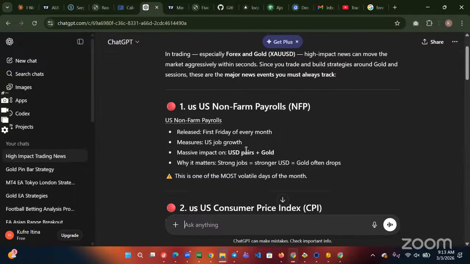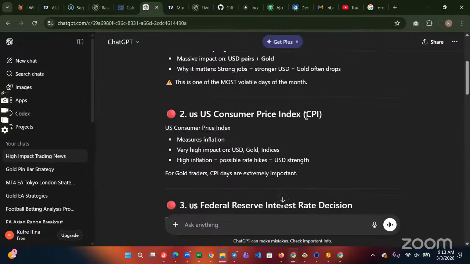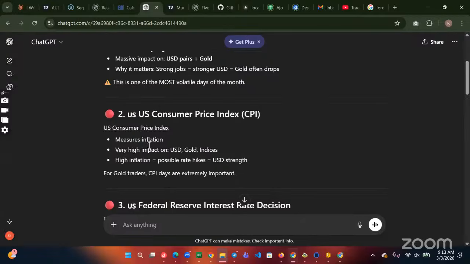Secondly, one of those news that can be very, very crazy is the CPI because it has to do with inflation of different assets. Yeah, inflation. Okay, the CPI is very high impact news, especially on dollar pairs and USD pairs.